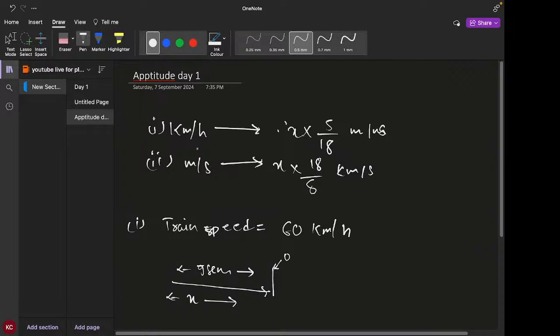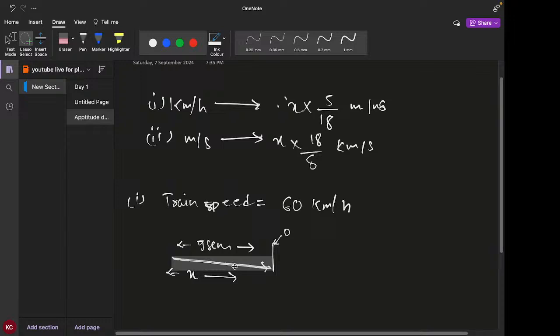So if the train crosses this pole, then it definitely has to travel the same distance as its length.